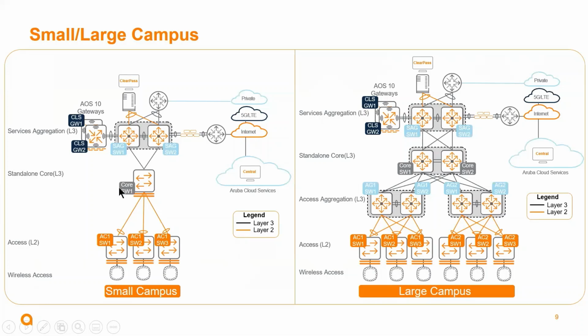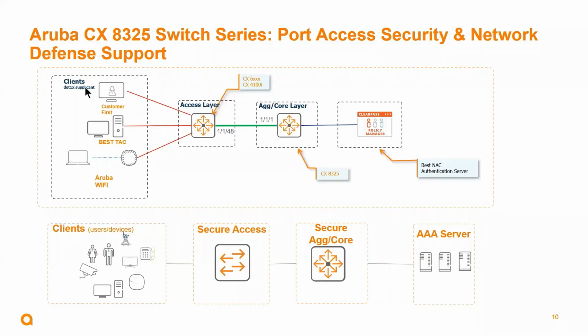It can act either in standalone or in a VSX combination. When it comes to large campuses, they can reside in the access aggregation layer or even in the standalone core layer.